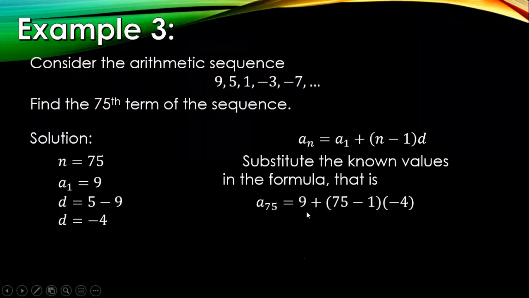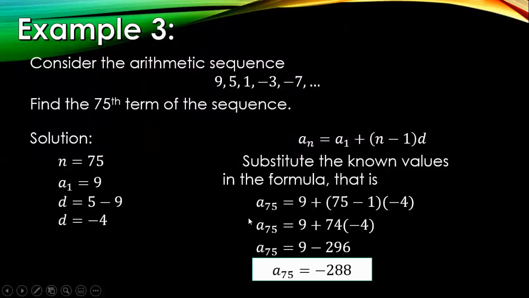So substituting, we have a sub 75 is equal to the first term 9 plus 75 minus 1 times the common difference of -4. So we have 9 plus 74 times -4. So we have 9 minus 296.